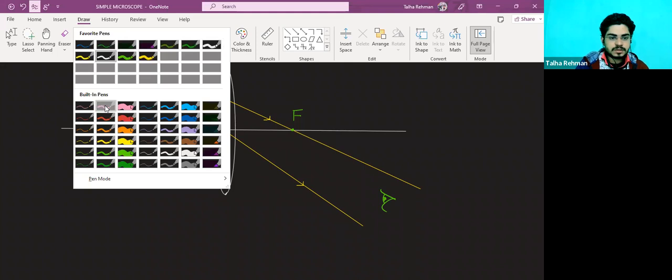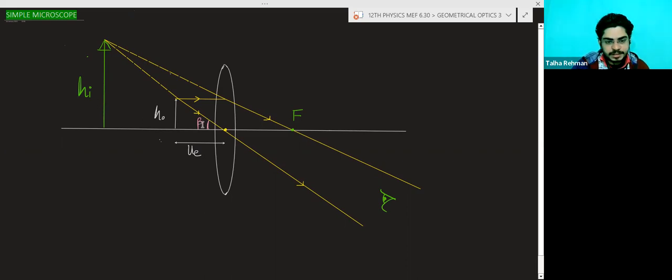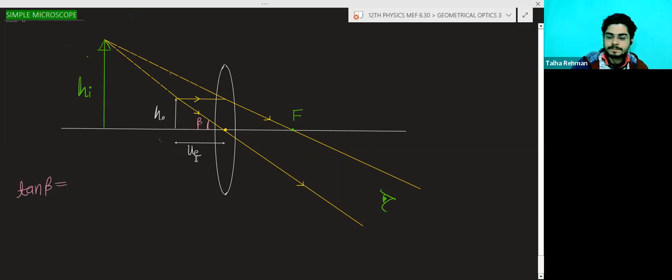For example, suppose this angle is beta. If I want to find tan beta from this triangle, so tan beta will be equal to HO by UE.